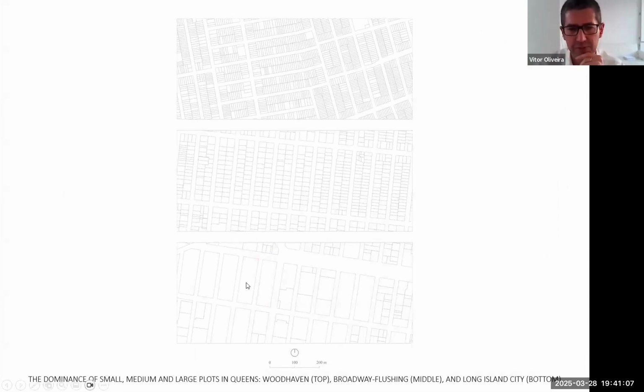We can have, for instance, this is Queens, one of the New York boroughs. You see that the street blocks have similar size, and you see how the density of plots can vary within a sample of similar block sizes.